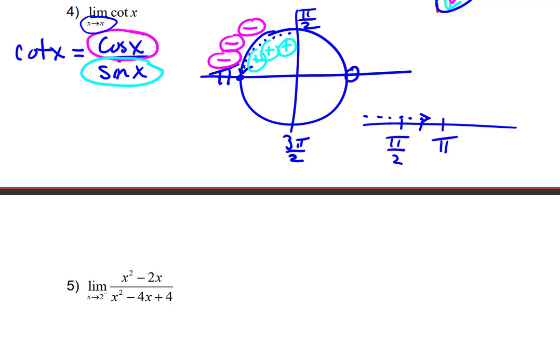Because of this analysis, we can say that the numerator, which was the cosine values, will all be negative as we approach pi here. The sine values will all be positive, as we just stated, which means in summary, we have a negative over positive, which would be a negative infinity for this limit result.